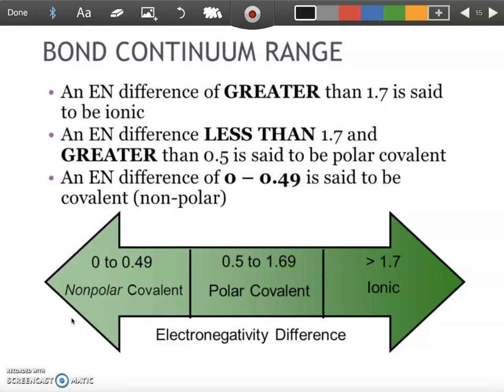In such a case, they will not share the electrons equally, and the atom with the highest electronegativity will pull on those electrons harder and have the partial negative charge. If the electronegativity difference is 1.7 or greater, then you're in the ionic range, and we'll talk more about ionic bonds a little bit later.